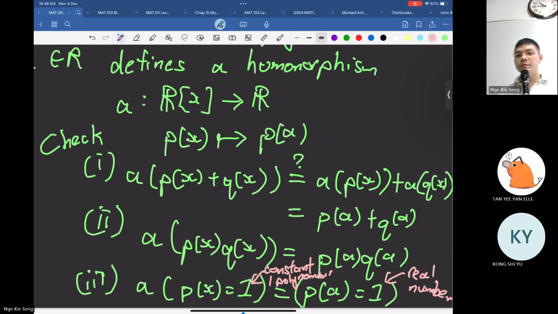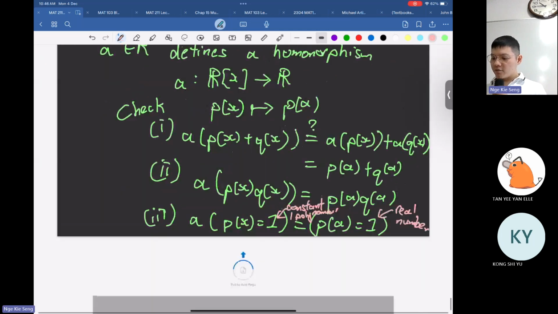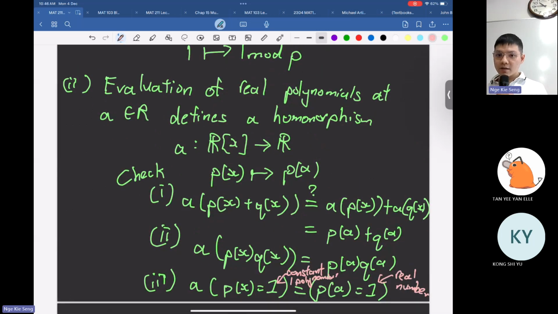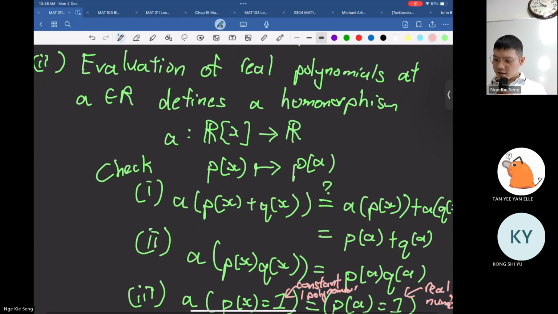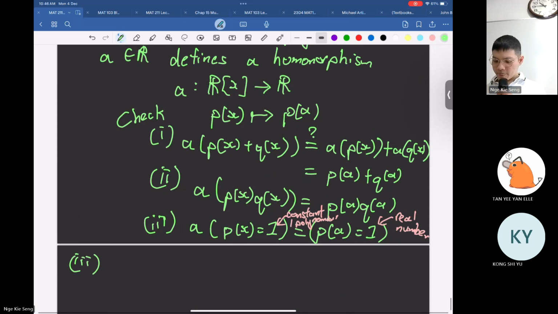And there's one very interesting evaluation. Instead of evaluating at a real number, we can do some evaluation at a complex number.